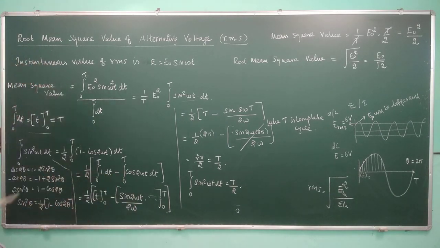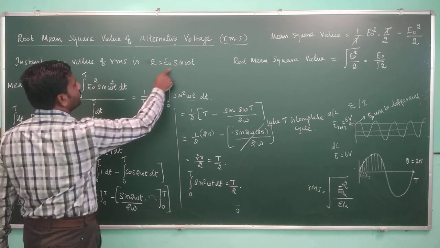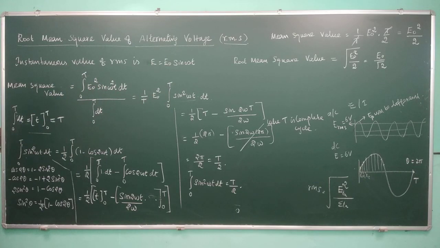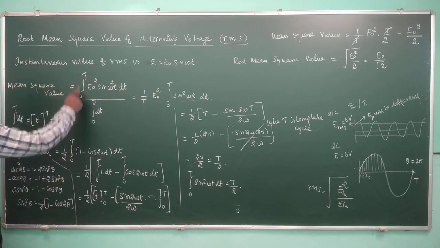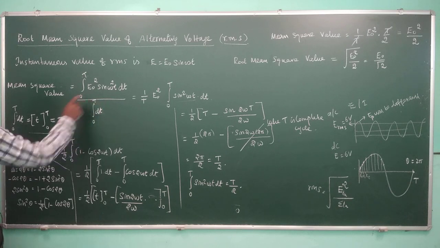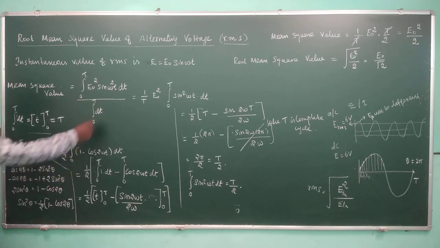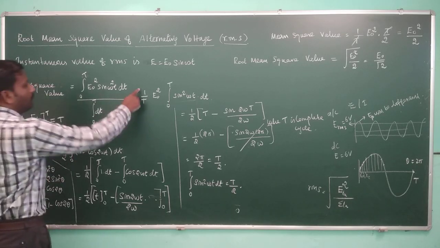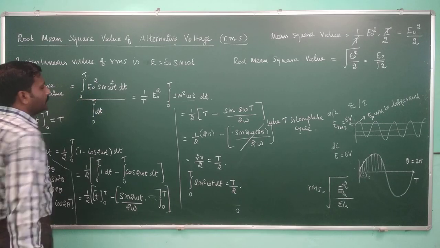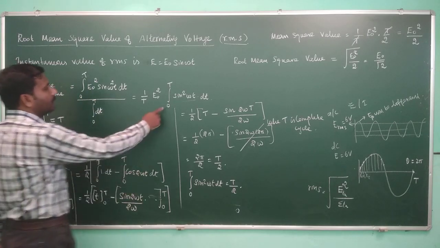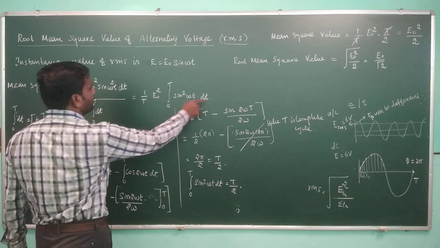So what have we done? We have considered the instantaneous value, E equal to E naught sin omega t, and taken the mean square of this term, so we integrated over 0 to T and divided by the integral of 0 to T of a small interval of time dt. For this we get 1 by T as an answer, and here we have taken out E naught square as a constant, and we have the integral from 0 to T of sin square omega t into dt.